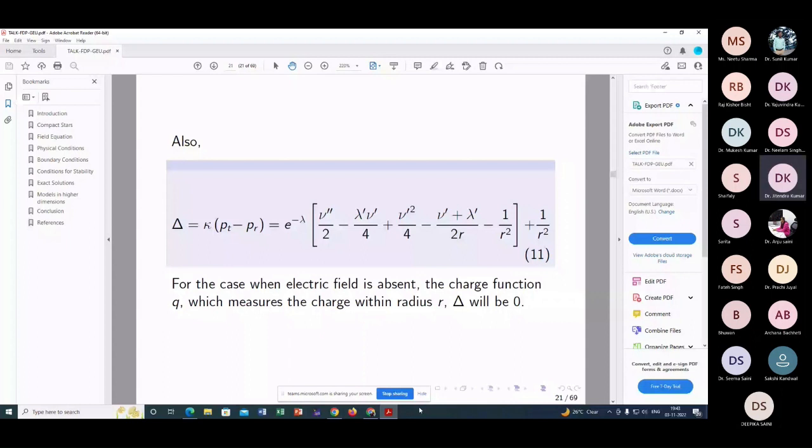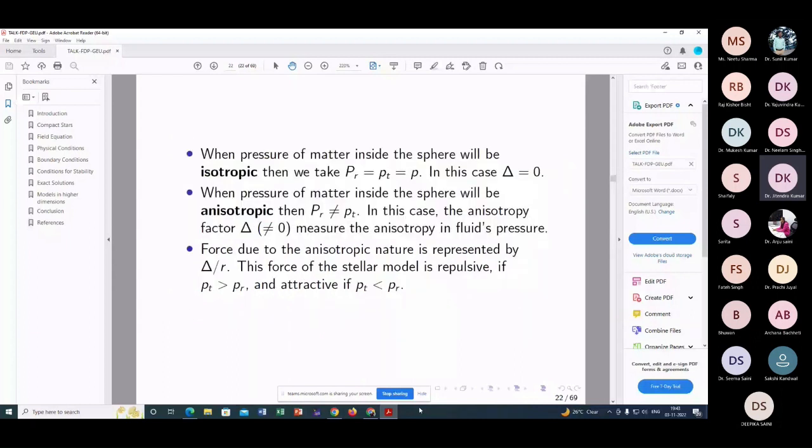Now we can categorize these models into two types: isotropic and anisotropic models. In the isotropic models, radial pressure and tangential pressure are equal, which means the anisotropy will be 0. If radial pressure and tangential pressure are not equal, then there will be some anisotropy that can be negative or positive.